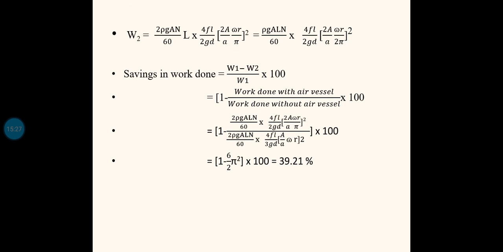So this much less work is to be provided. That is the importance of fitting air vessels. It indirectly proves that by fitting an air vessel we can reduce the work requirement of a reciprocating pump. Otherwise we are losing a lot of energy, a lot of work to overcome the frictional effect. That's all.